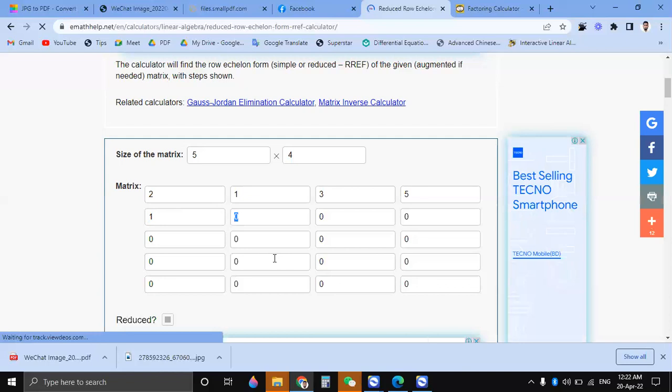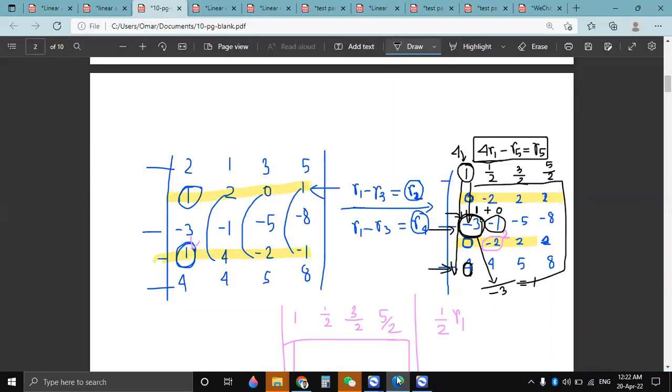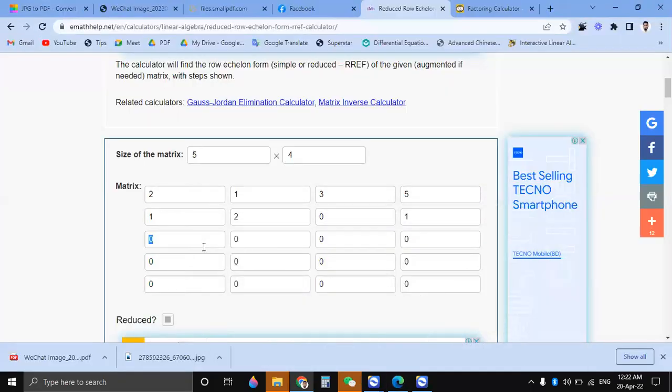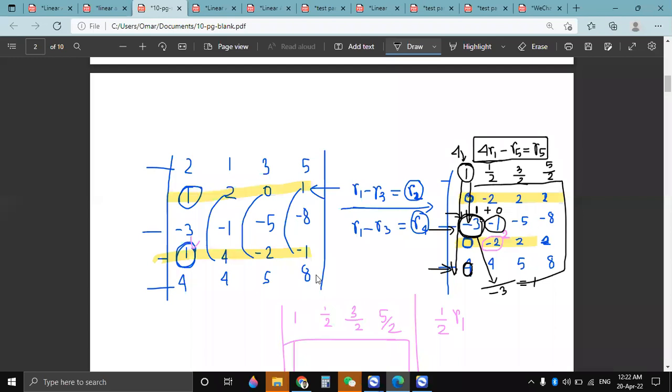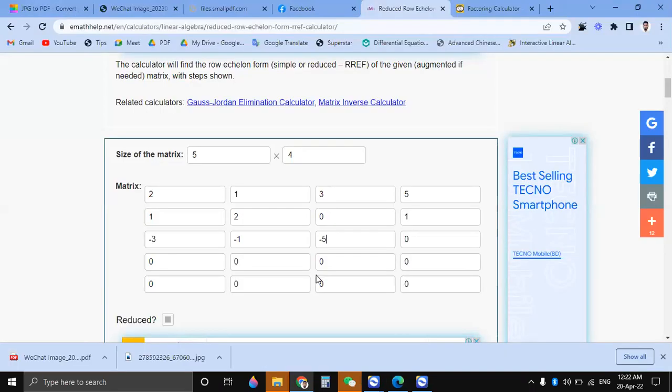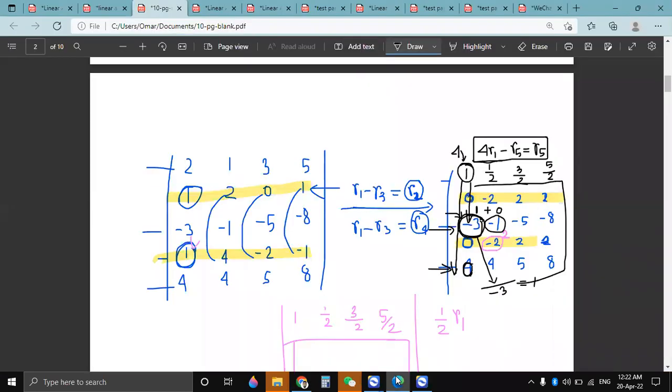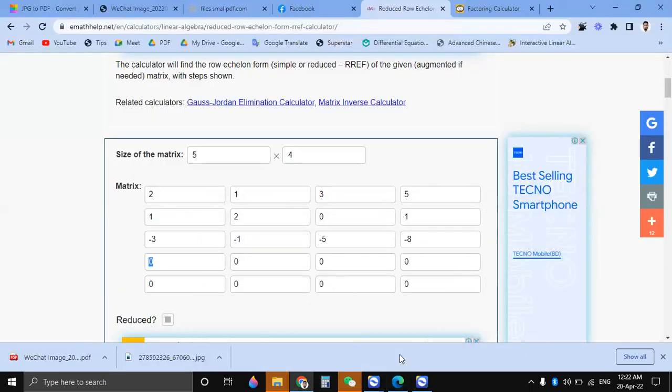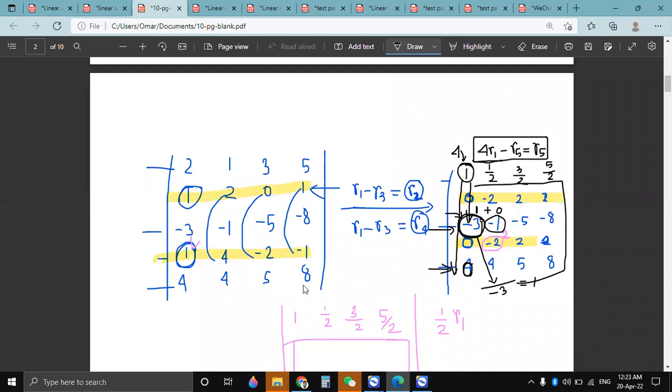To go from one column to another column, I am pressing tab. That's why I'm doing it so fast. And then -3 -1 -5 -8. Then 1 4 -2 -1. And then 4 4 5 8.